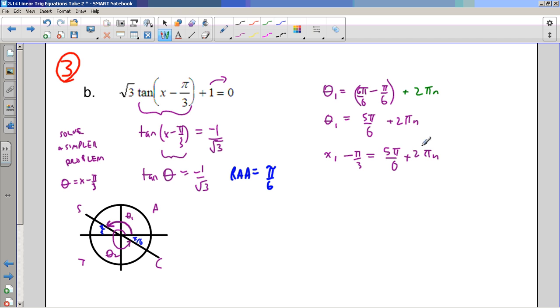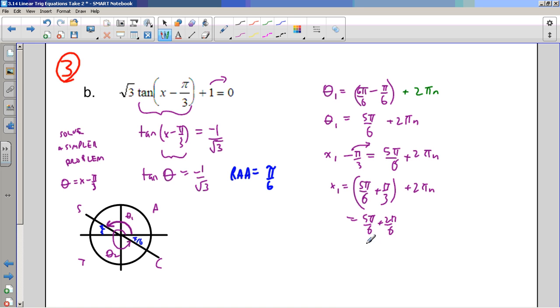And I'm leaving all my solutions in here for a reason we'll see very soon. Well, easy. I can just solve that by booting that over to the other side. It's like terms with this. It doesn't have an n with it, so I'll put it with this piece. 5 pi over 6 plus pi over 3. That's kind of like the principal solution there. And I get common denominator again.